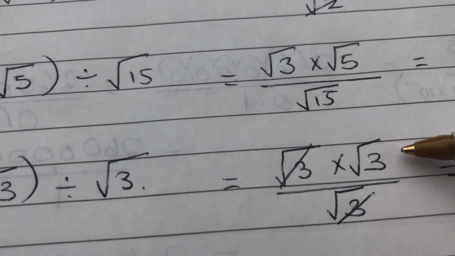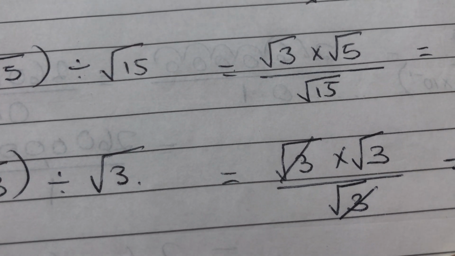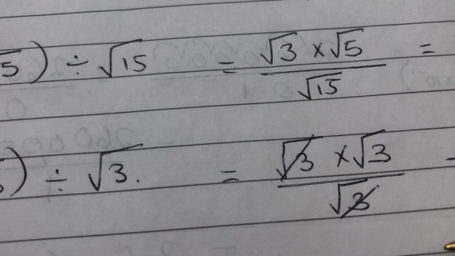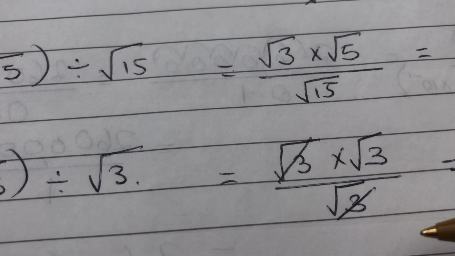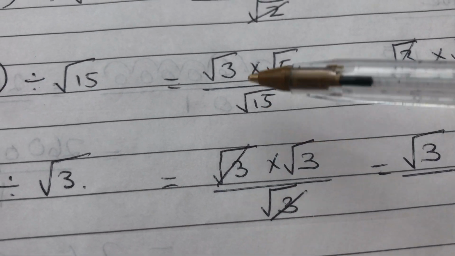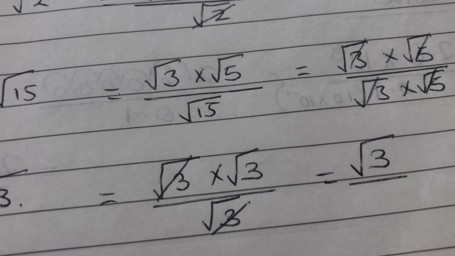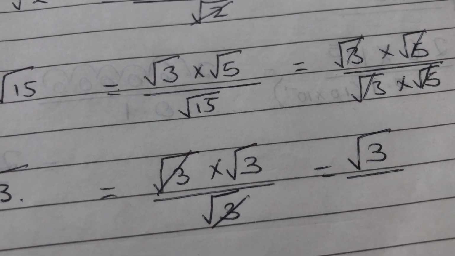Then you have to divide again by root 3 over root 3 to rationalize. But just by looking at it, you can cancel out, and then you have the square root on the numerator.